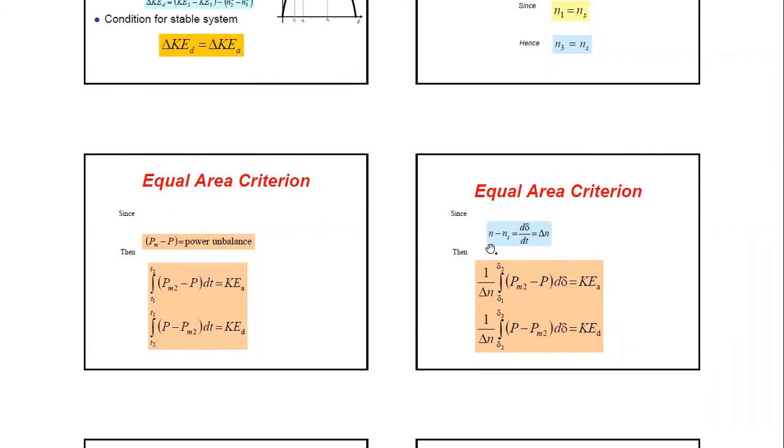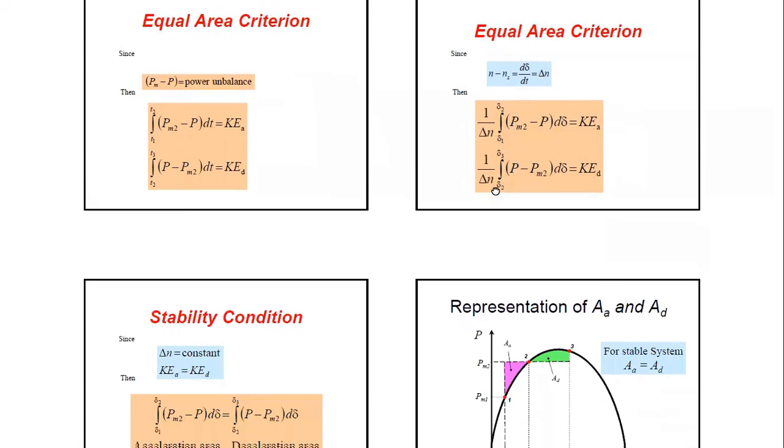Since n minus ns is equal to d delta by dt, that is the change in the speed, therefore 1 upon delta n integration from delta 1 to delta 2 Pm2 minus P d delta is equal to KEA, and 1 upon delta n integration ranging from delta 2 to delta 3, P minus Pm2 d delta is equal to KED.